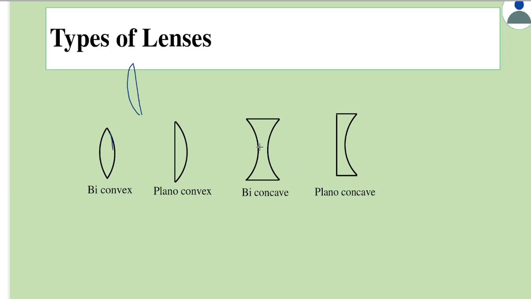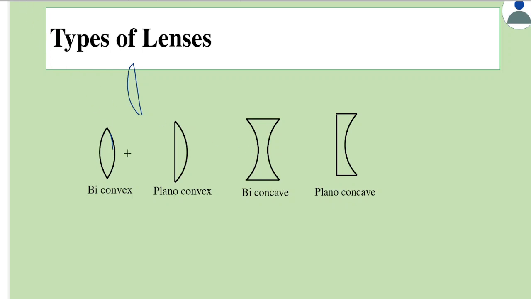The next type is biconcave. We saw in the previous class that a spherical refracting surface is called concave or convex based on which side is facing the rarer medium.